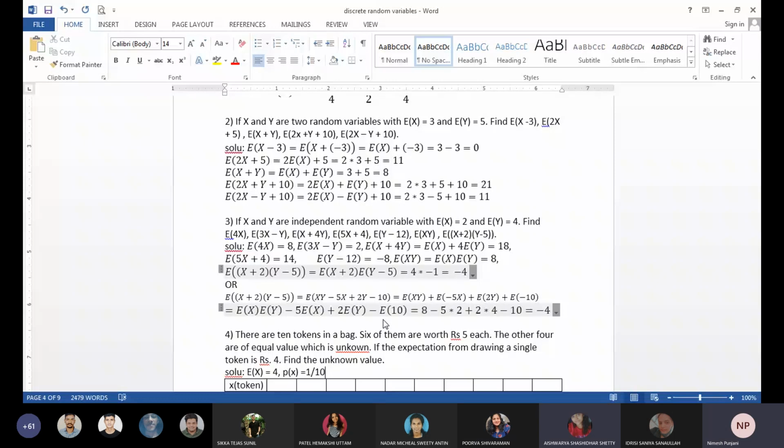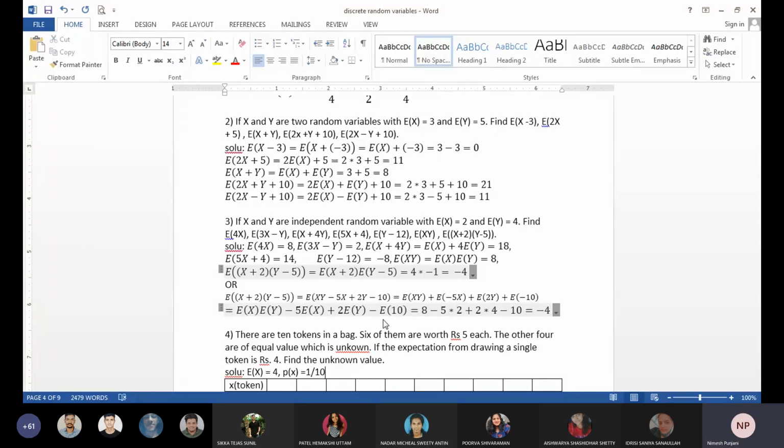Okay. So sir, expected value of x is equal to 4, the other 4 values वो उसकी वजह से है क्या? नहीं, last sentence है ना. If the expectation from drawing a single token is 4, उसके वजह से expected value 4 आया करके. Okay, sir. ठीक है. And उसका जो probability है, that is 1/10, because what does that same statement say?